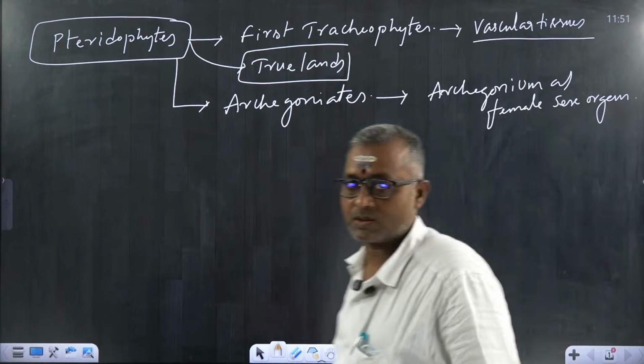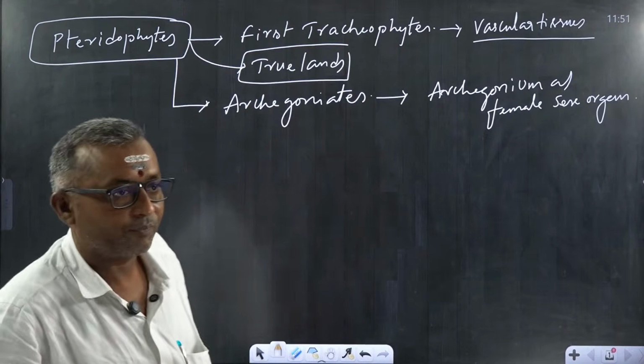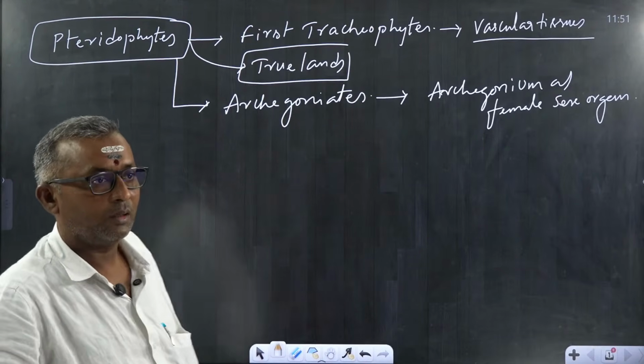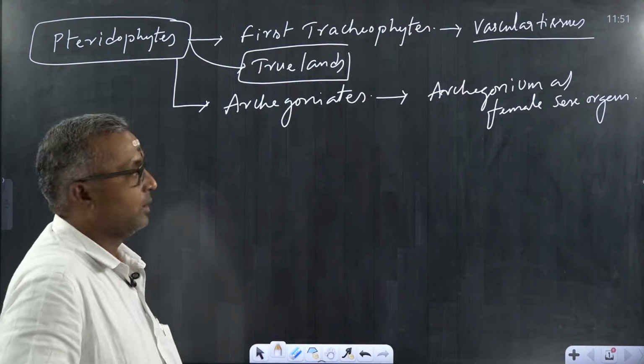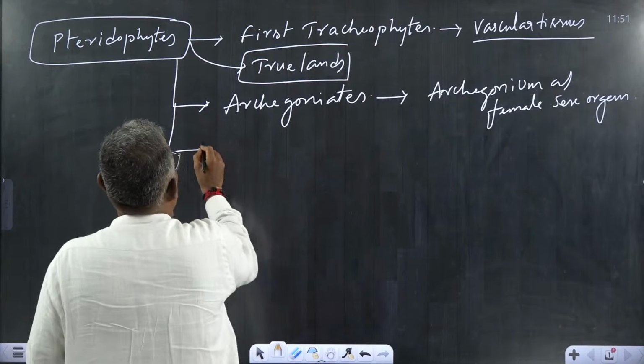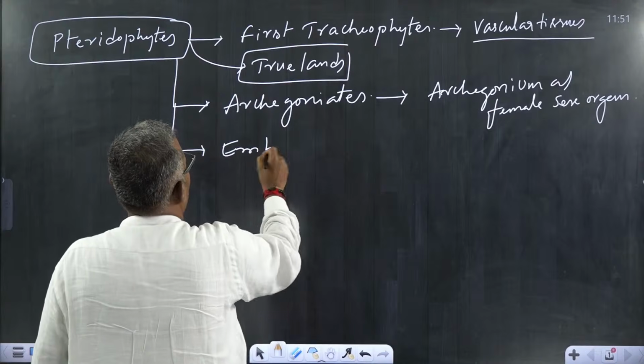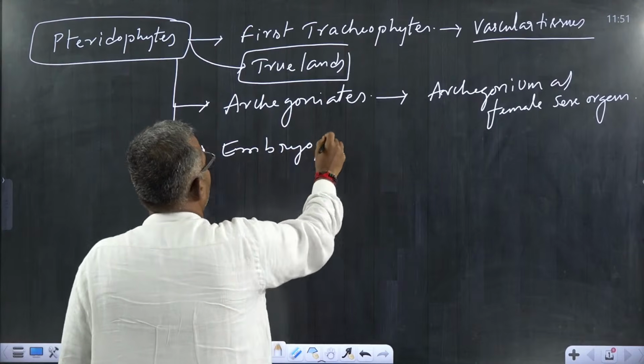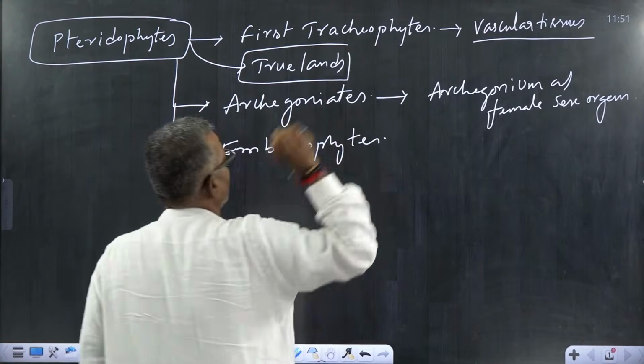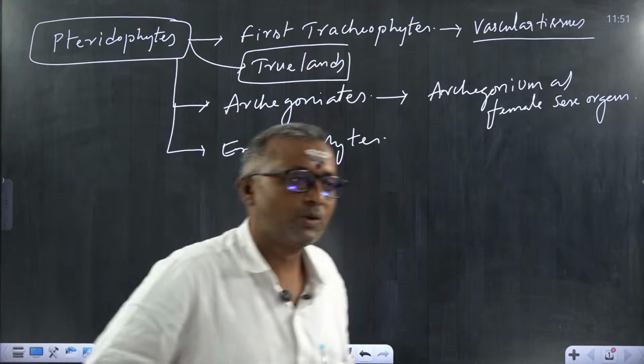The female sex organ is archegonium. Understood? And they are also embryophytes. Embryophytes means an embryo is produced here.